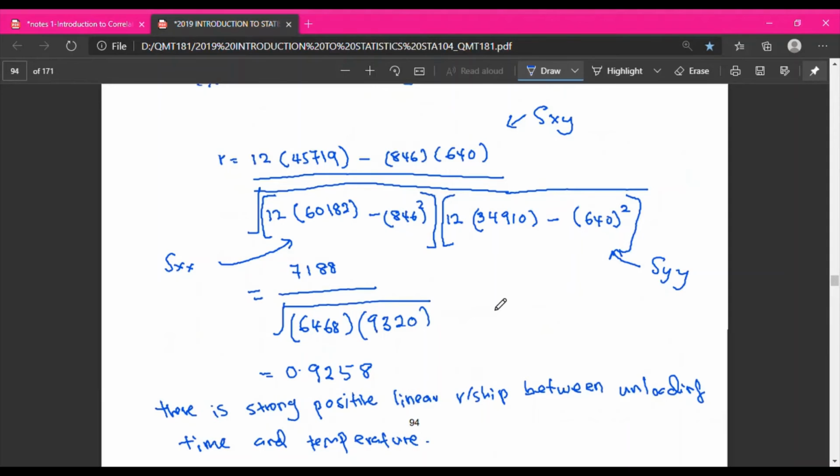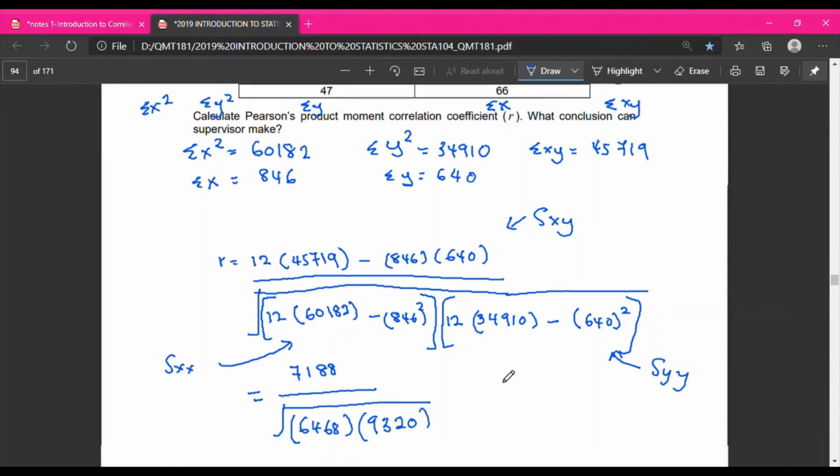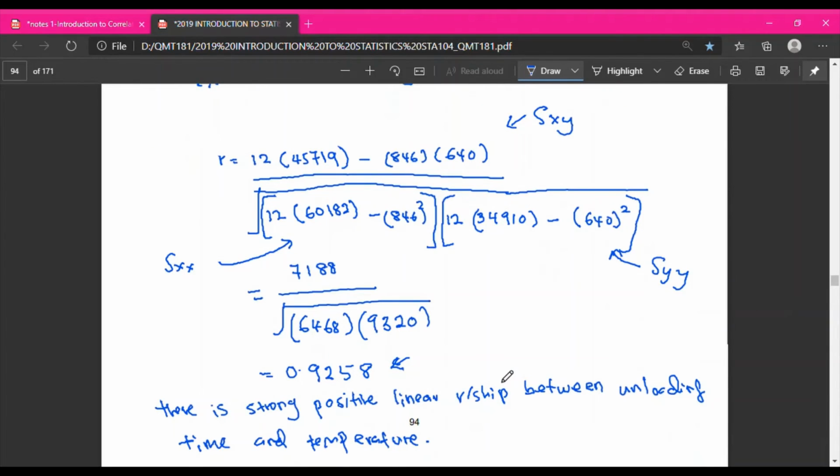But actually, from the calculator you can get the value of R directly. But you still need to show all the calculation here and all the values of summation here. You must show it because there are marks for that solution.